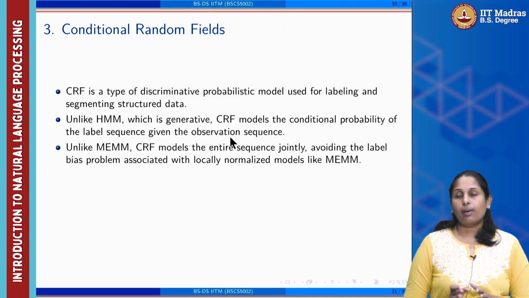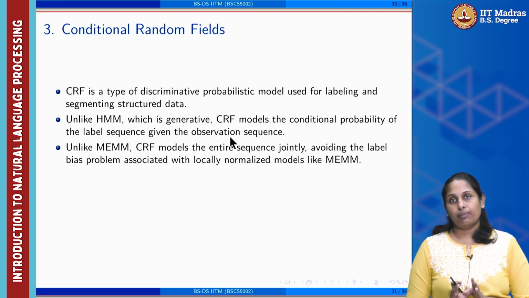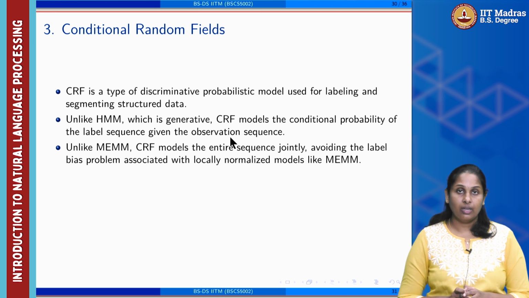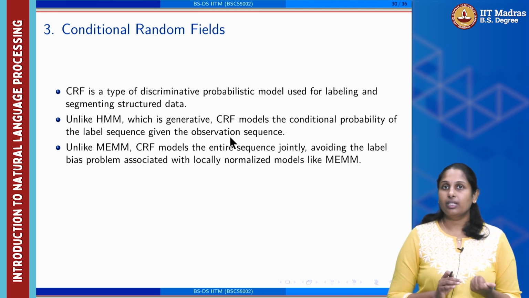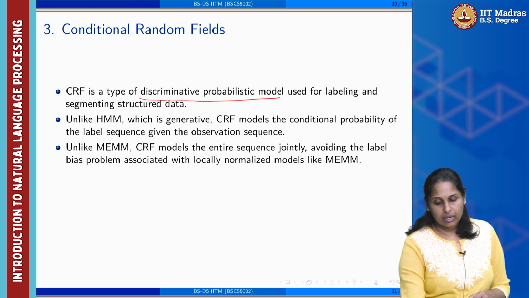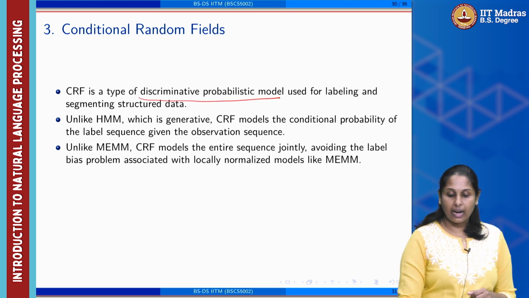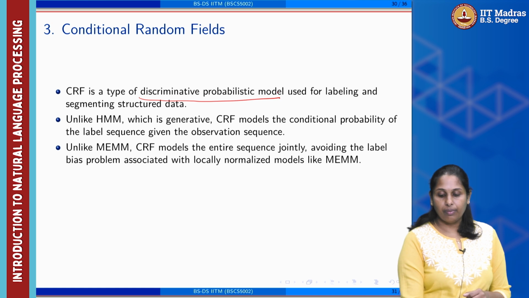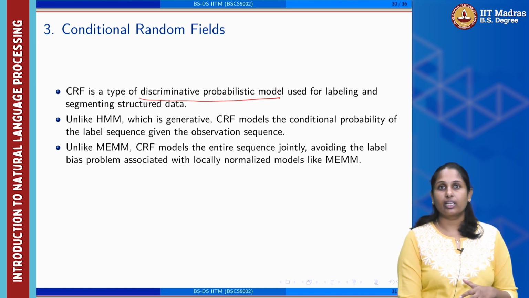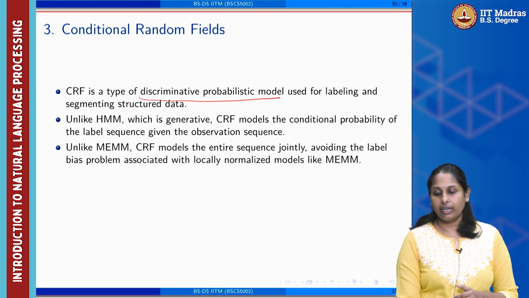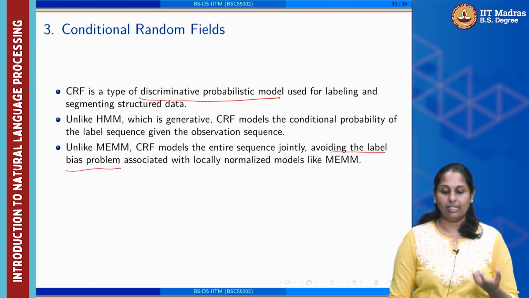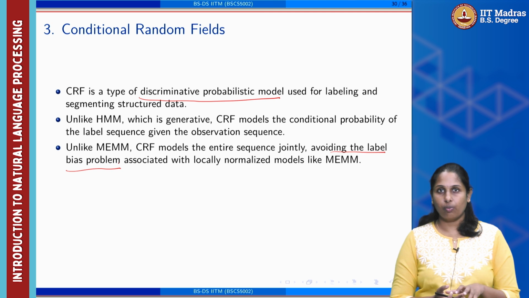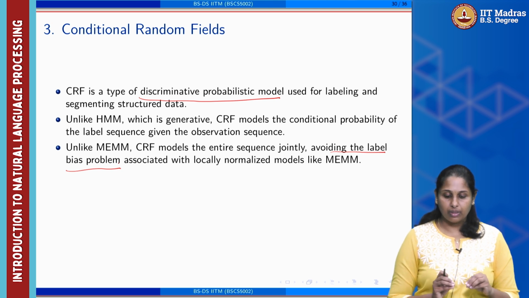Now, the third approach that is commonly used in POS tagging and NER development is the CRF based method. This is called conditional random field. Again, it is similar to MEMM. It is also a discriminative probabilistic model, but unlike MEMM, it is used not only in the local context, but in the global context, avoiding the label bias problem, because when it is a global identification rather than a local one, the label bias problem is solved.